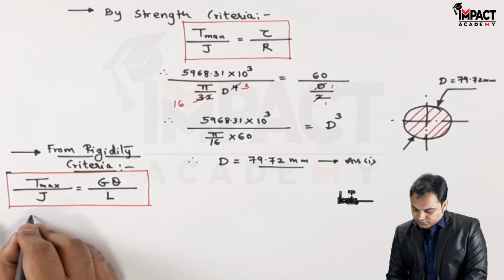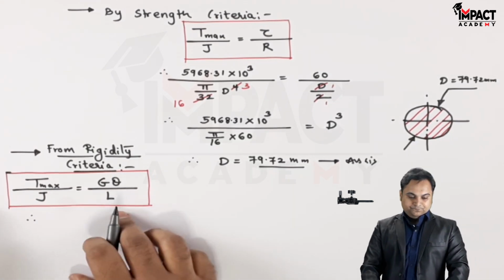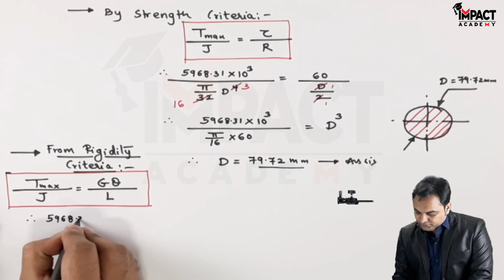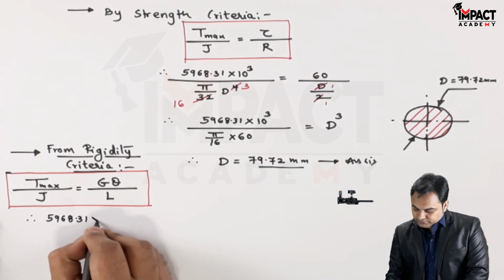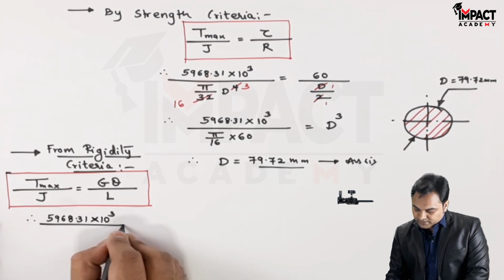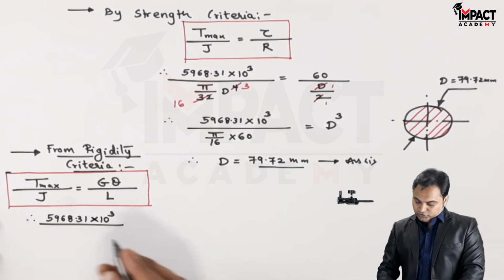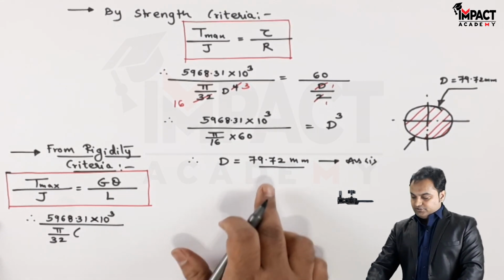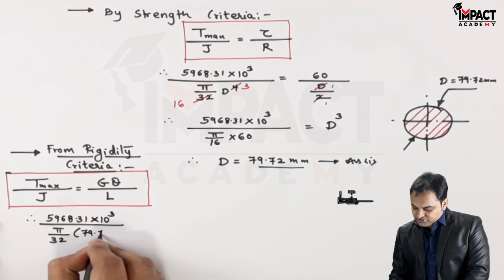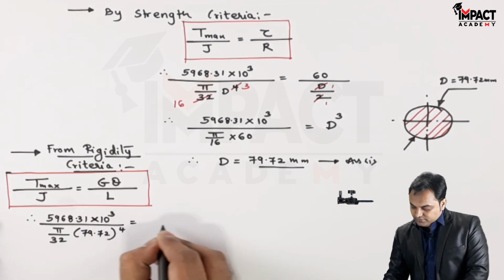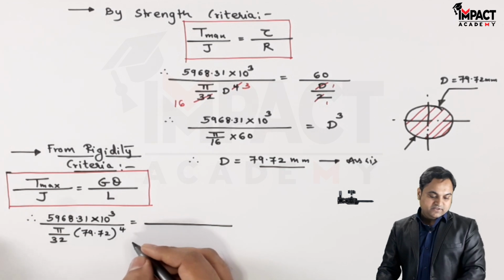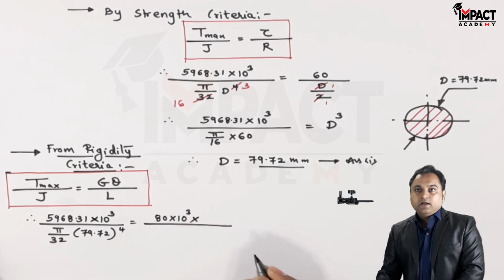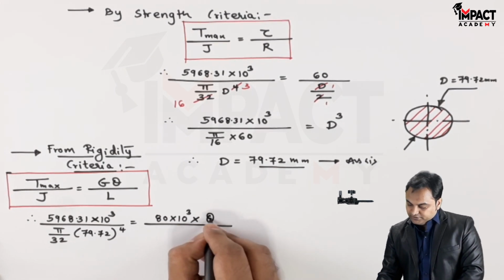So here Tmax is 5968.31 into 10 raised to 3. Then J for a solid circular shaft is pi by 32 d raised to 4, and here d is 79.72, equal to G value, which is 80 into 10 raised to 3 Newton per mm square, and theta is what we have to calculate here.